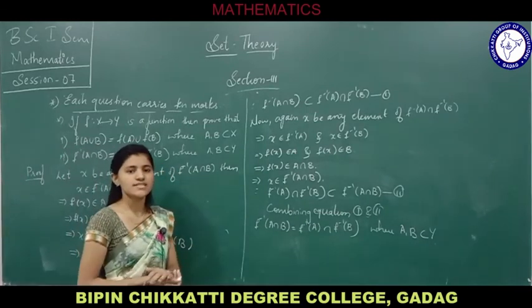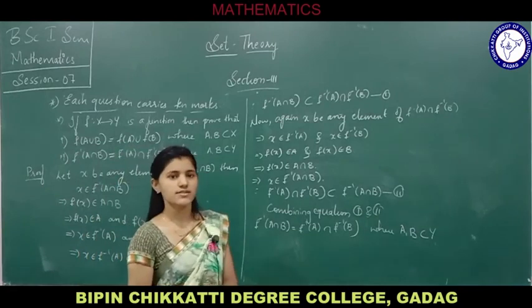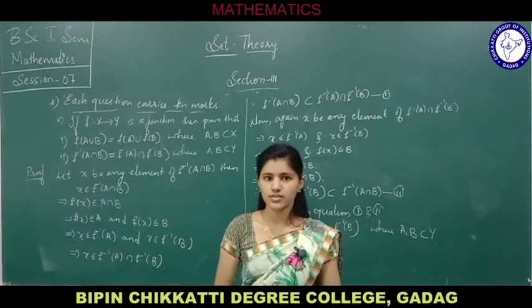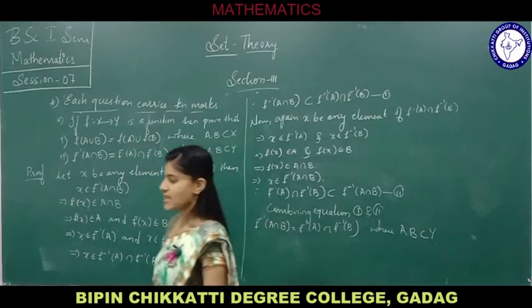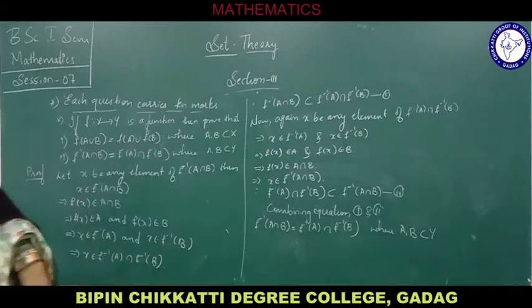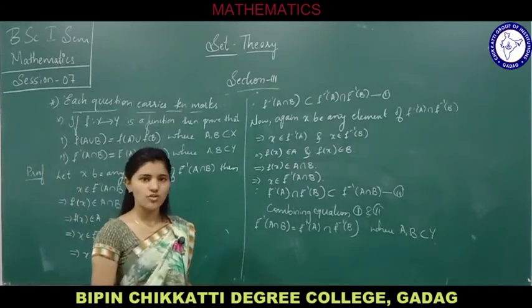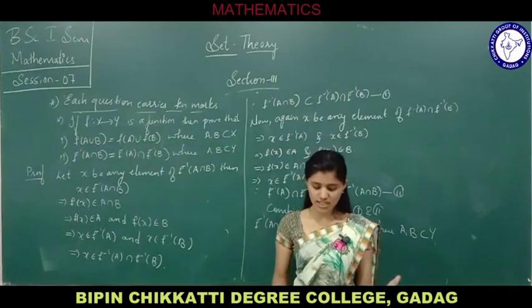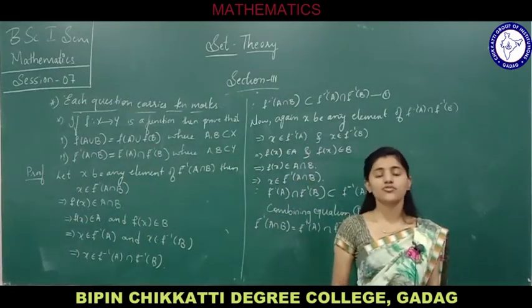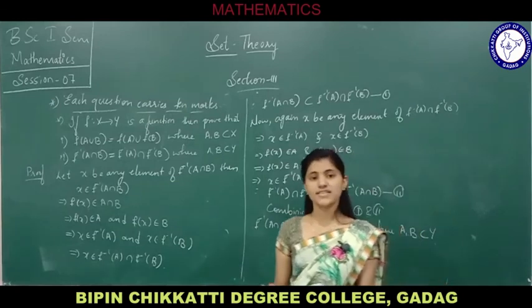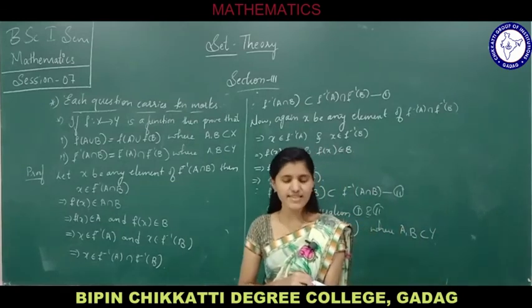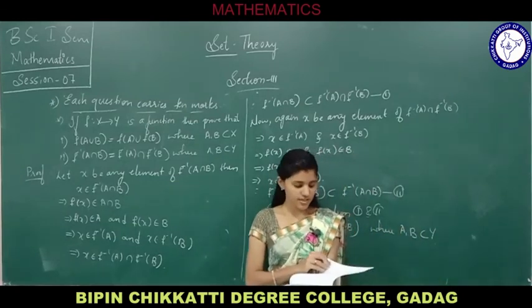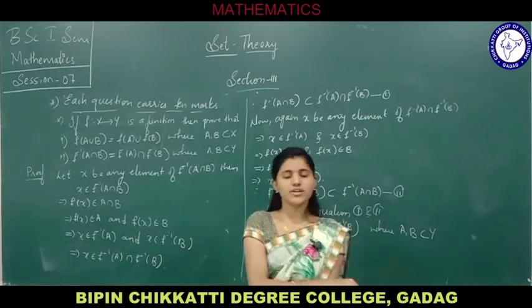So students, these were the questions each carrying 10 marks. Let us glance at what we have discussed in this entire chapter of set theory. Firstly, we studied what sets are and the operations of sets: union, intersection, difference and complement of sets.